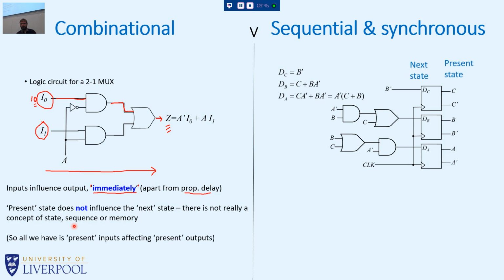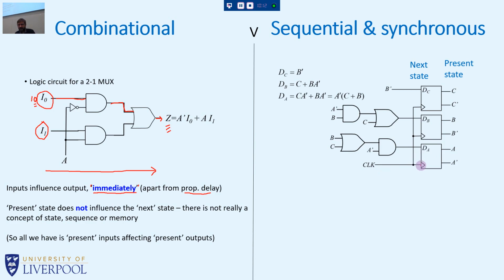But when we come to sequential and particularly synchronous, that is clocked circuits with a common clock, then we immediately have a concept with these sequential devices of state, okay? Because these flip-flops here, this register of flip-flops, these are sequential devices. These are the building blocks of our sequential and synchronous circuits.